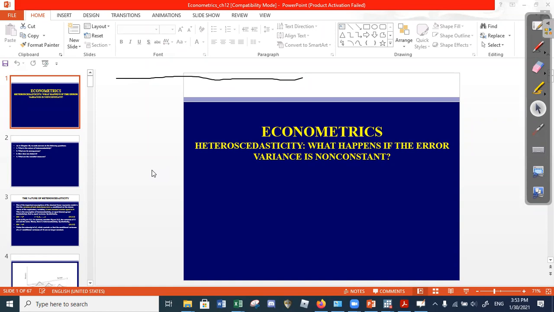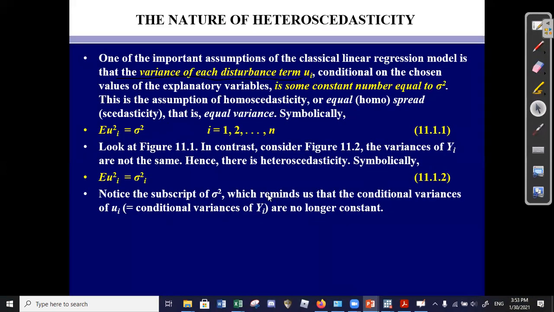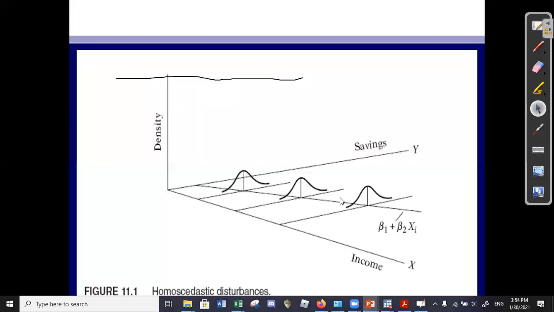If you recall those 10 assumptions of classical linear regression model, CLRM, one of the assumptions was saying that the variance of the disturbance term remains constant. It does not change, right? For different values of x, like for example, if you look at the structure, it is something like this.